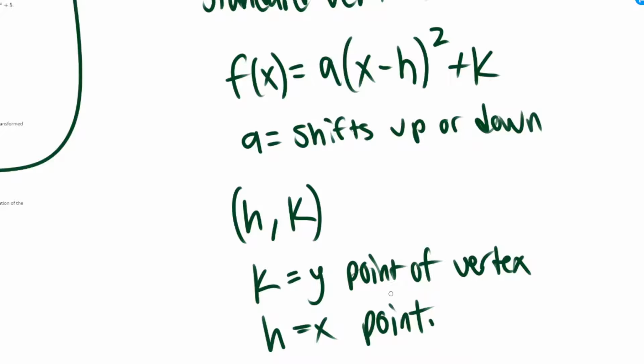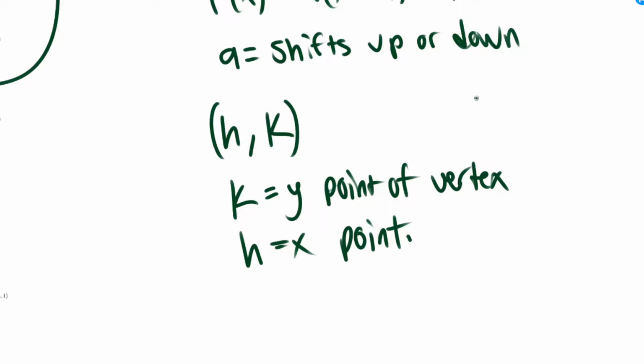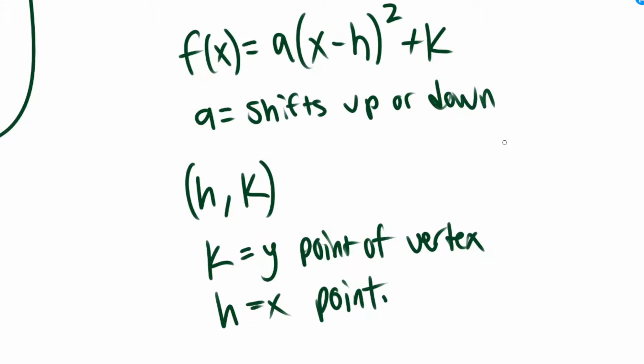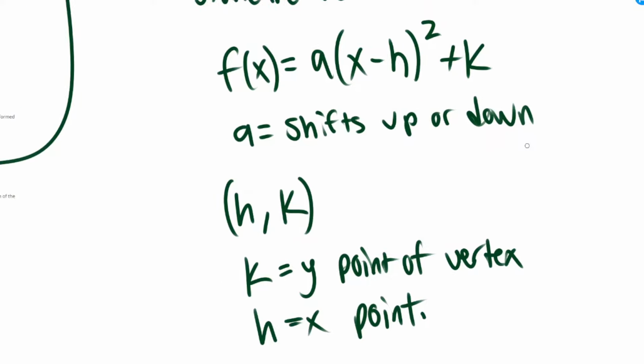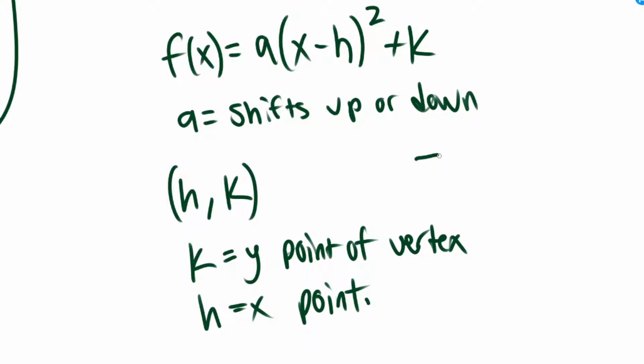Now keep in mind when you're doing the x, the h, the sign is going to be flipped. So if you had something like x minus 1, it would look like positive 1 comma whatever your y value is. Those are the main transformations. Also, if it is negative a, or just negative times our x, that means that it's going to reflect over the x-axis.